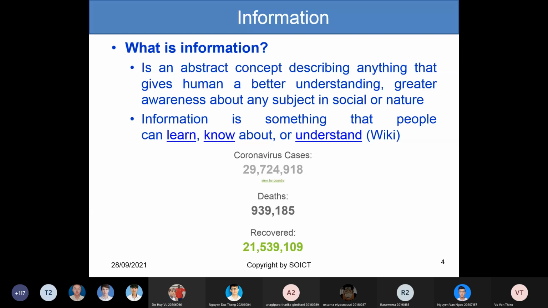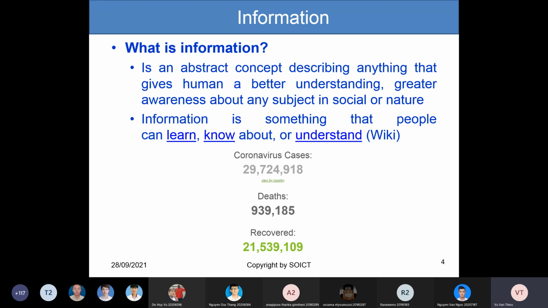But now, this data is old and everybody knows it, so this is not information. For example, this morning I read in the paper that today there are no new COVID cases in Hanoi.